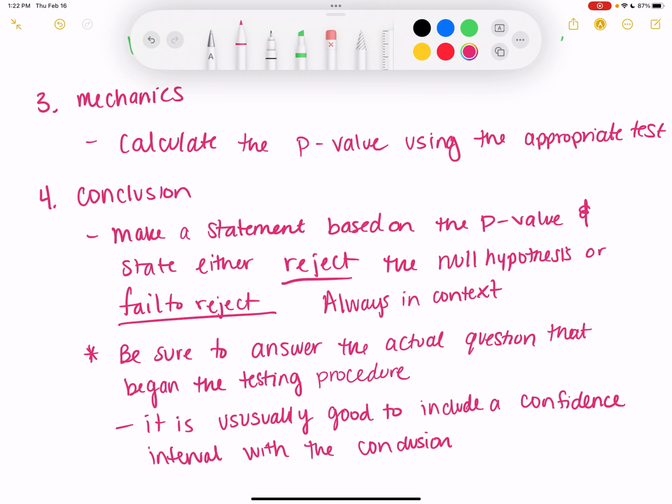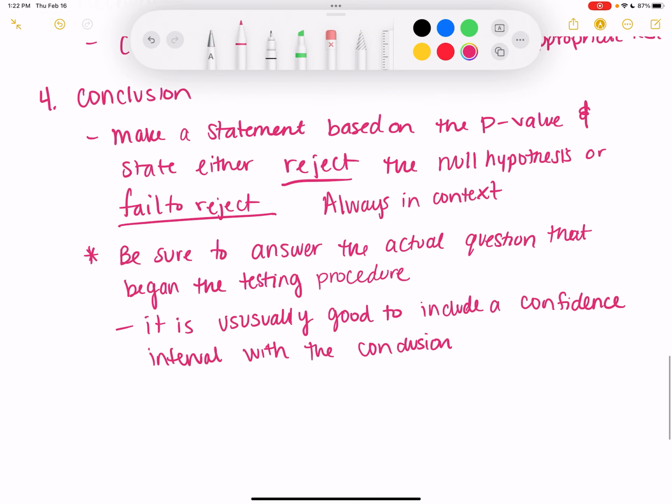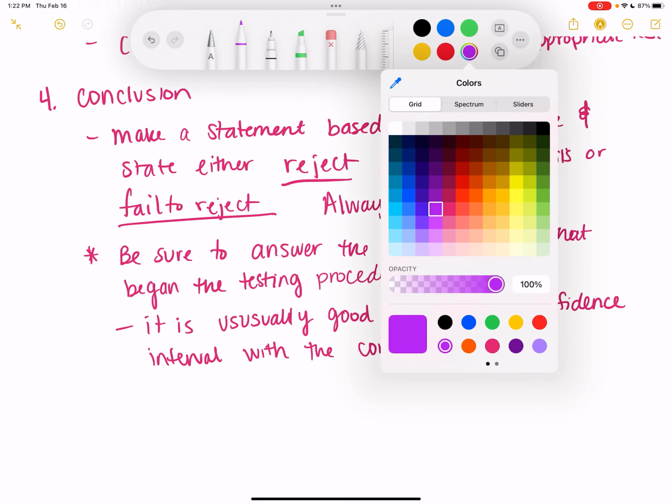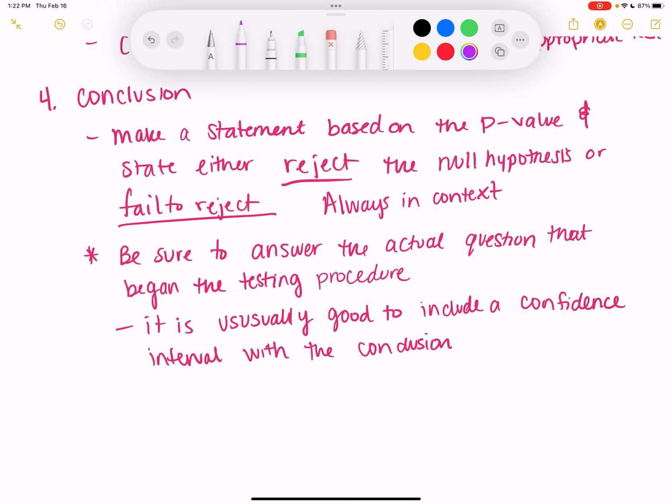So in terms of deciding the appropriate test from the mechanics part, I'm going to go into that a little bit more here. For the alternative hypothesis, think about each test.